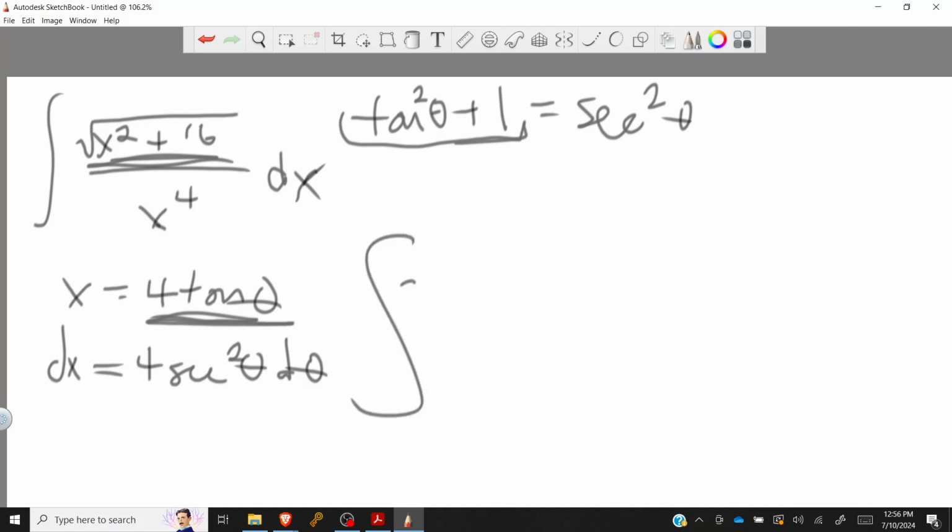So plugging that in, I get the square root of 16 tan squared theta plus 16 over, what is 4 to the fourth? 256.